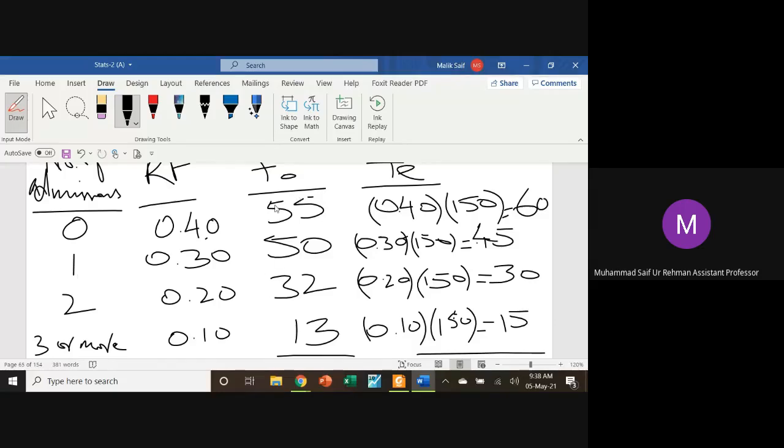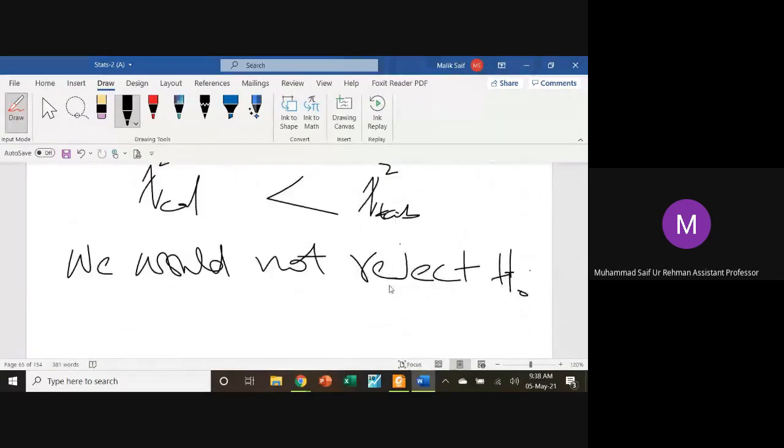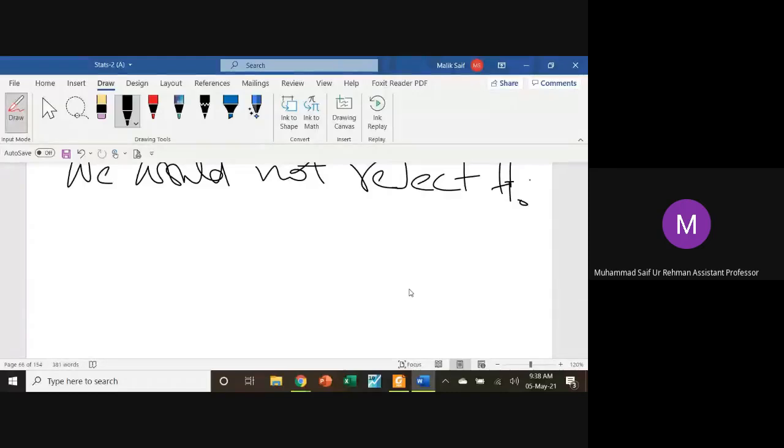Observed values are different, and expected values we found from this information. Although these values are different, finally we arrive at the conclusion that there is no difference between the local and the national admissions. Whatever is true in case of the sample is also true in case of the population. Fine.